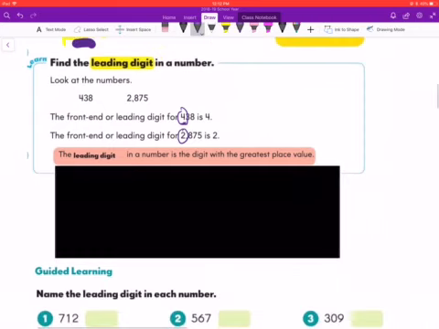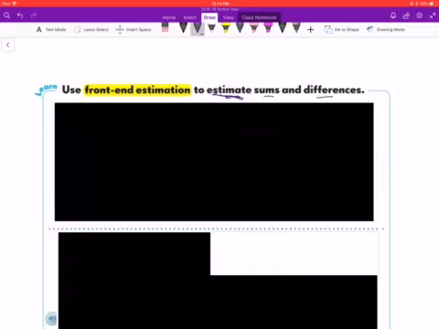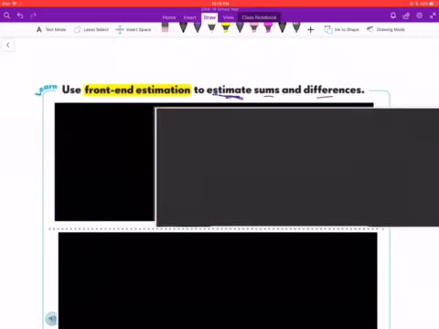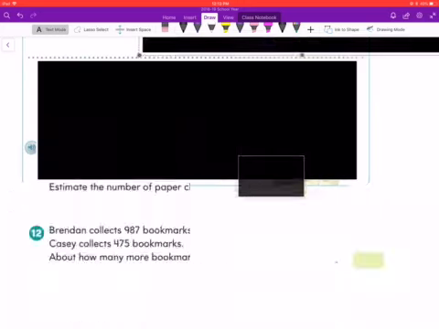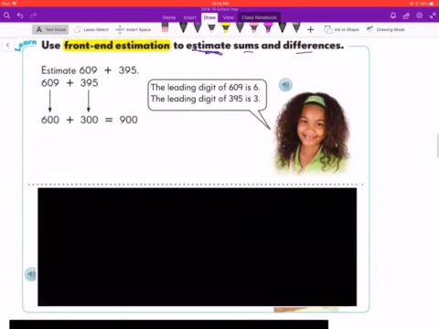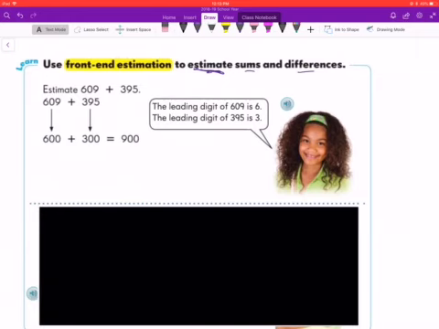2,875. Okay, so now that we understand what a leading digit is, we're going to look at leading digits to help us with estimating during sums and differences. If we take a look at this first example, we are going to do an estimate problem with 609 added to 395.